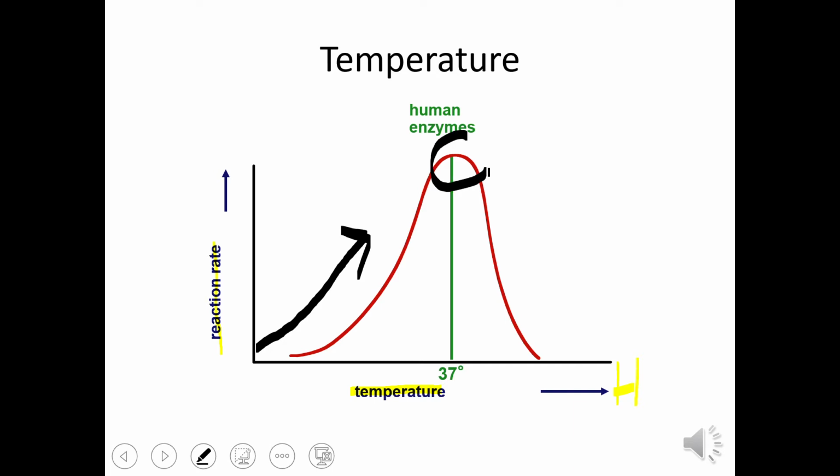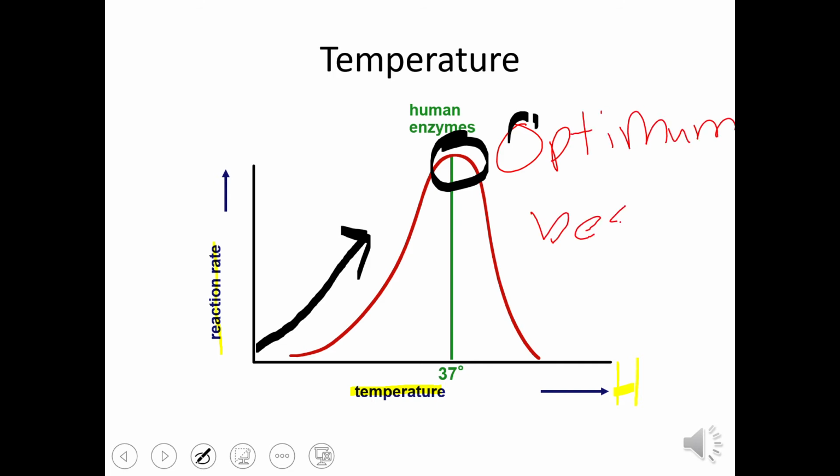Right here, where the peak is the highest, this is the optimum temperature. This is where it's the best. Optimum is best. So this is the enzyme's favorite temperature to operate at. And then as it gets too hot, the reaction slows down, which denatures the protein or changes its shape.